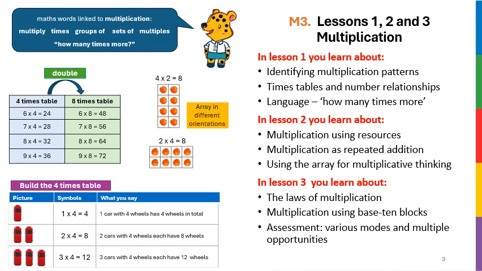But when I saw the pattern or the link between the 4 times table and the 8 times table, that really helped me. If I did not know what 6 times 8 was, but I knew that 6 times 4 is 24, I could simply double 24 and get the answer to 6 times 8, which is 48.